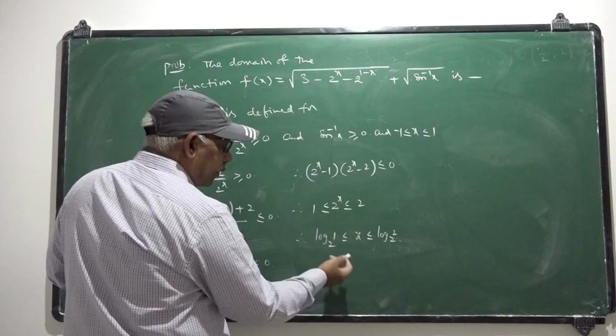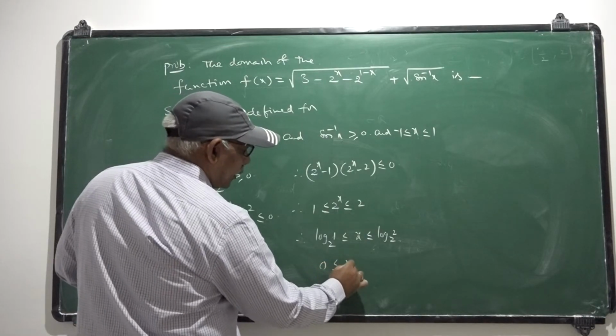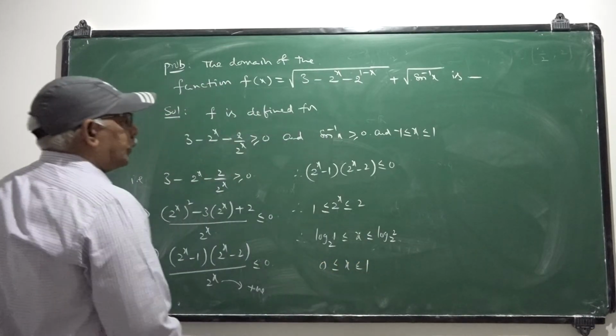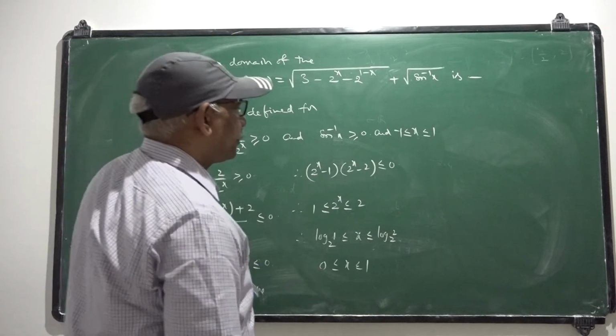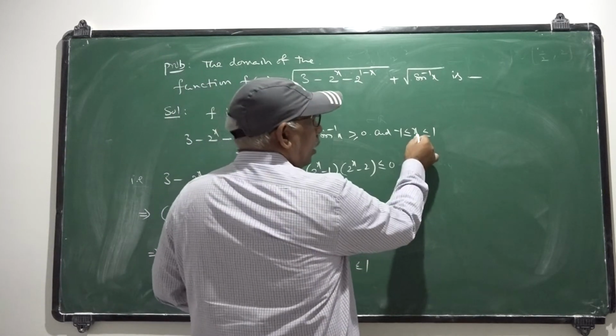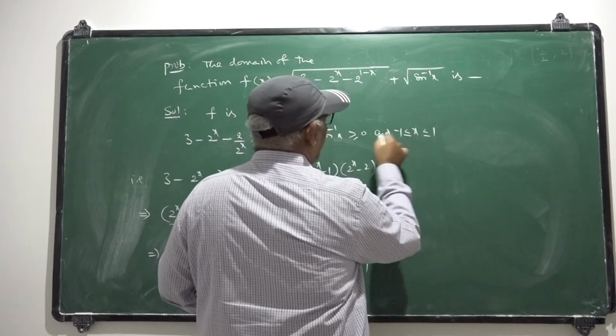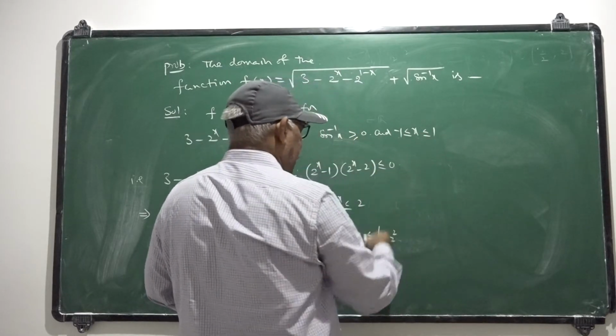Log 1 to the base 2 is 0, and log 2 to the base 2 is 1. So from this we get x lies between 0 and 1, and x lies between minus 1 and 1, and sine inverse x greater than or equal to 0.